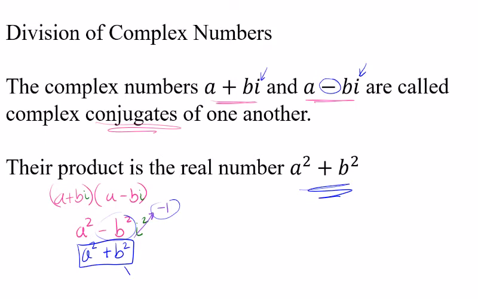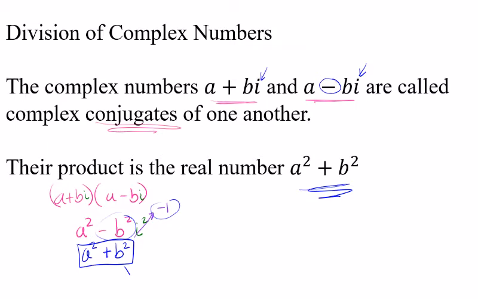So let's check out an example. This says find the product of a given complex number and its conjugate. So what I'm going to do is multiply 3 plus 5i times its conjugate, 3 minus 5i.